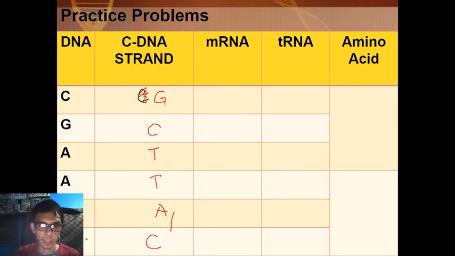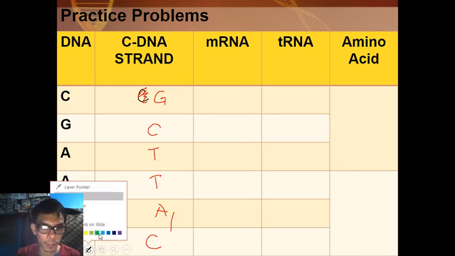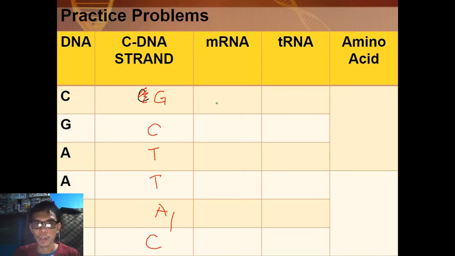So let's use another color. Let's use green for the mRNA. So the mRNA: G, C, instead of T, we have U, then we have U, then we have A, and we have C. There you go.